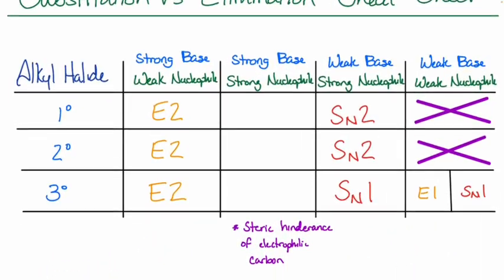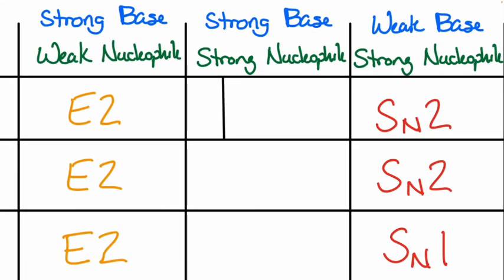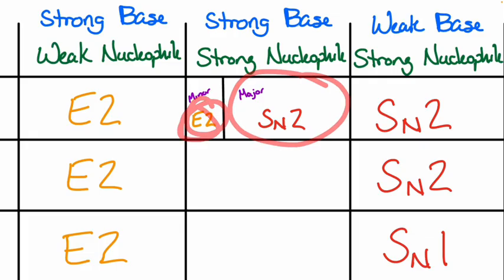So if we go through here, primary prefer our substitution, and what we're going to see is this uneven split between our elimination and our substitution. To be clear, what I'm showing with these blockings here is that we get a minor elimination product and a major substitution product. So most of your molecules react with a substitution mechanism. There are a few that undergo elimination.